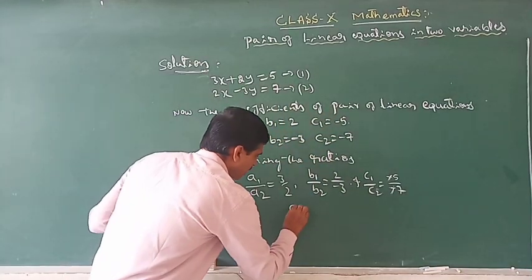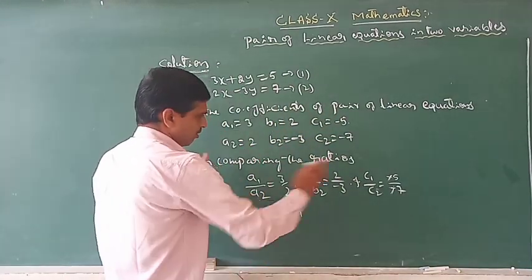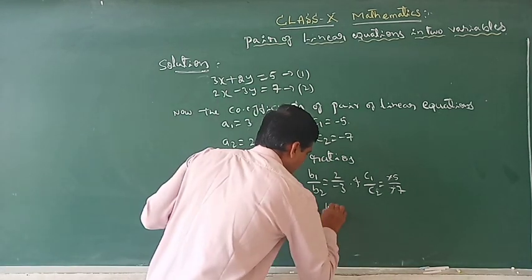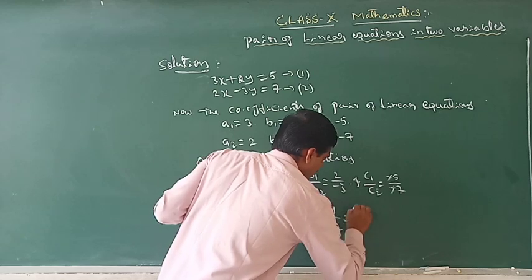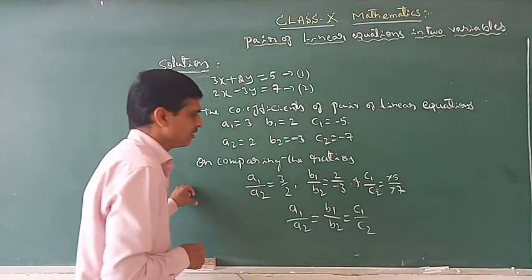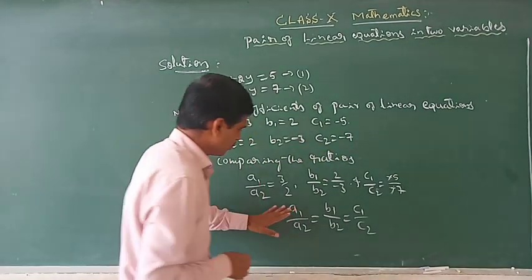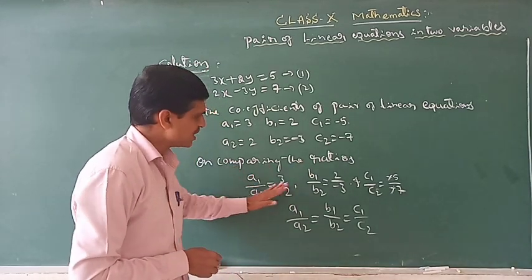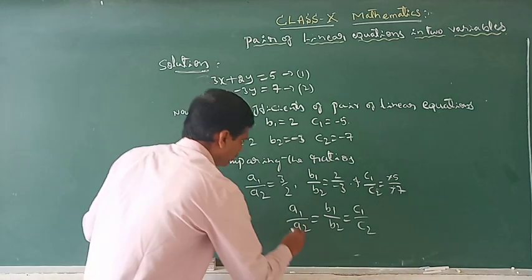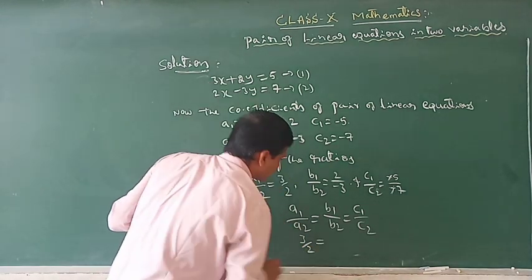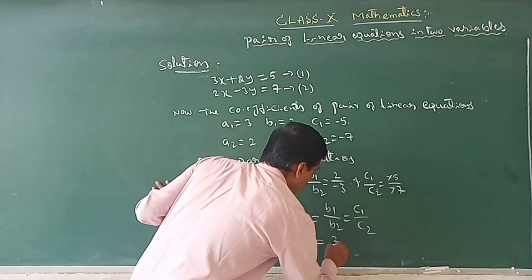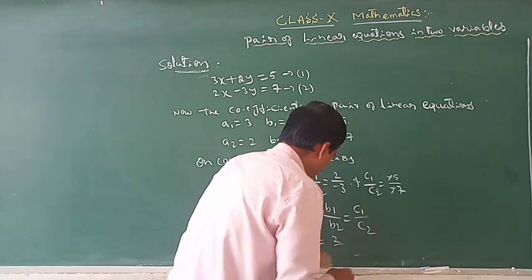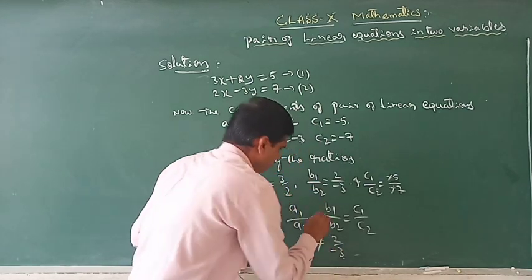So the ratios appear like this: a1 by a2, b1 by b2, and c1 by c2. When comparing each ratio, substitute their values. Here 3 by 2 is equal to 2 by minus 3? No, it is not equal.